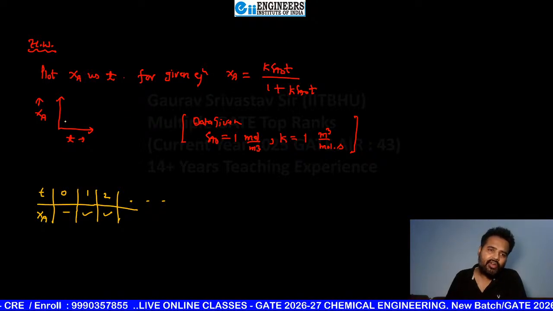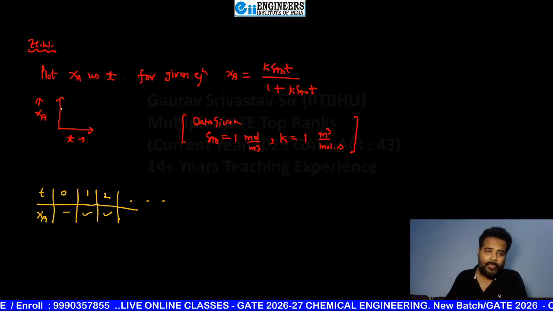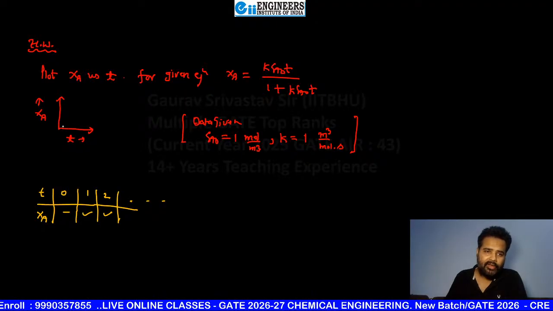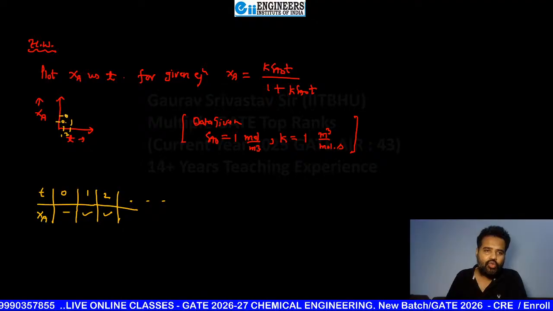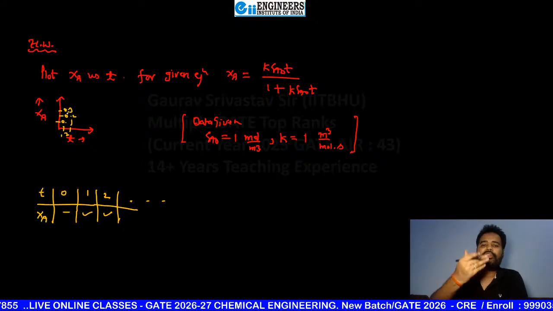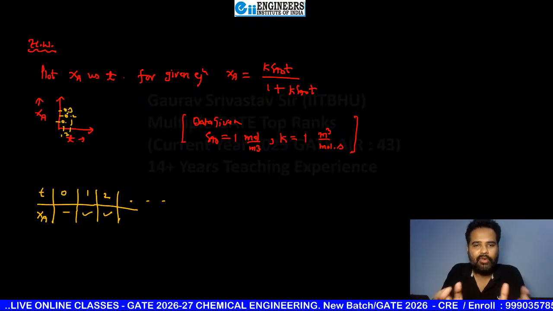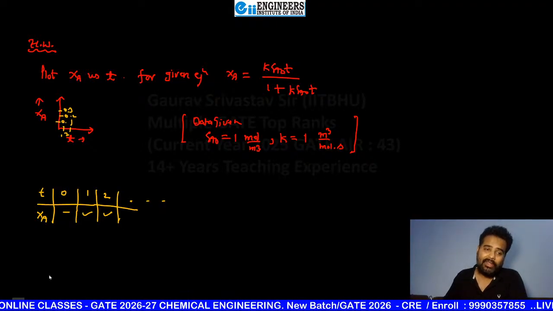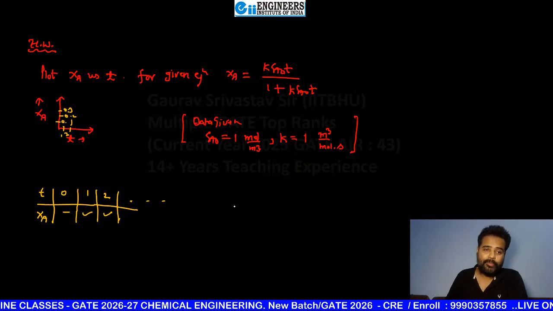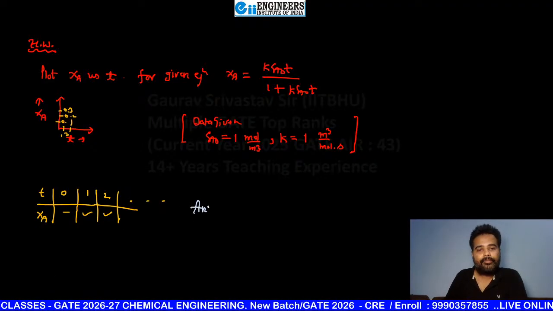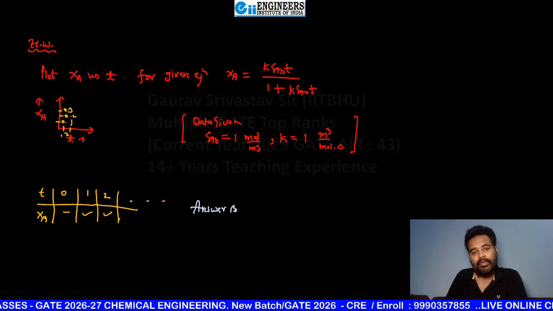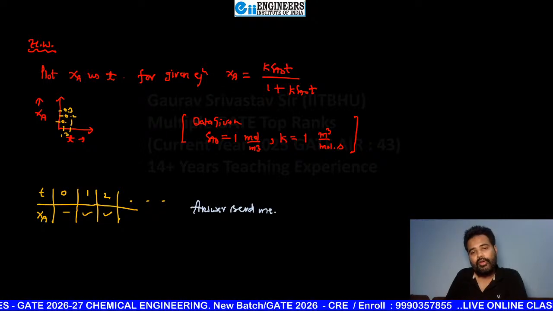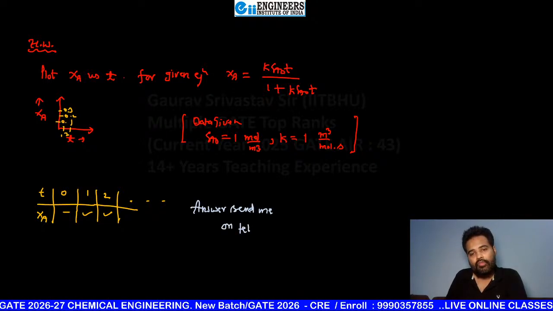Then on real graph, write 1 2 3 4 here, and here write 1, here write 2, and here write 0.1, 0.2, 0.3 up to 1, because maximum conversion is 100%, that means xa fractional can be max 1. So in this manner you have to draw it, and after drawing just send me on Telegram group.